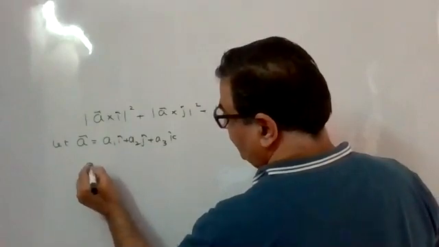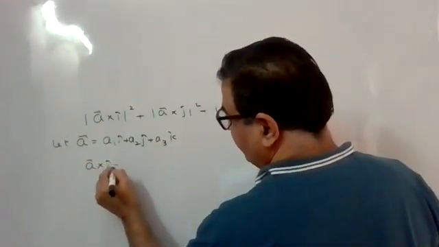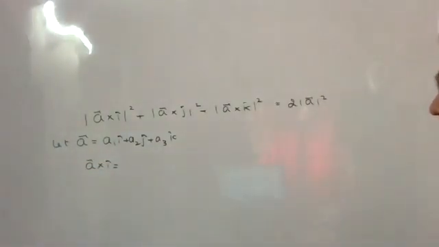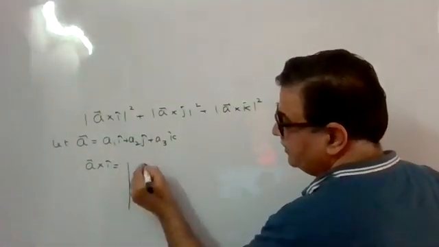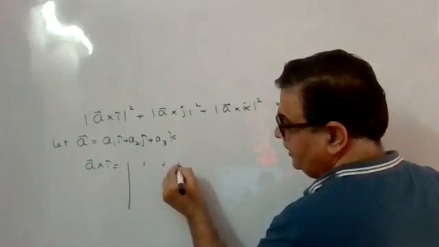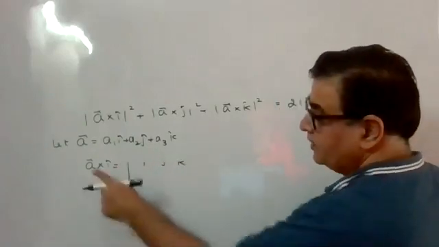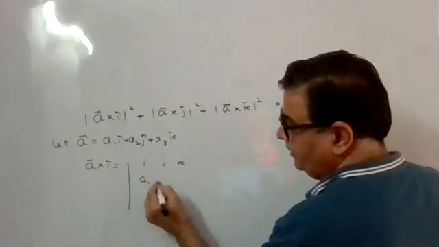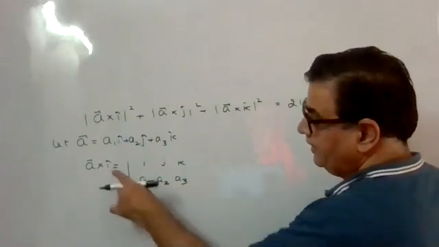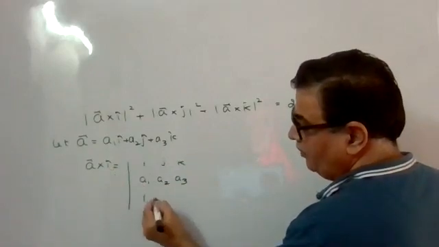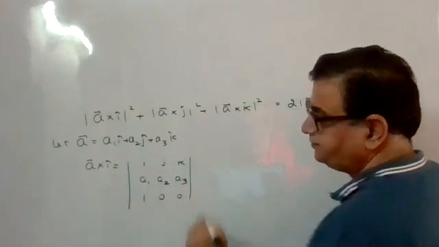So first we go for A cross I. A cross I means it will be I, J, K; A means A1, A2, A3; and then comes I cap, numbers 1, 0 and 0.